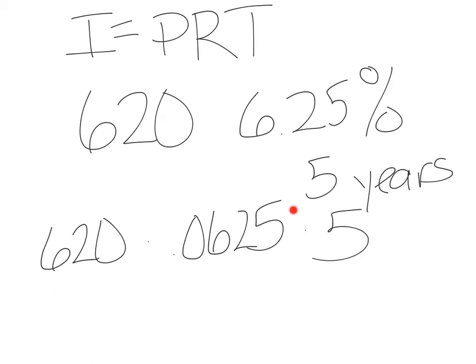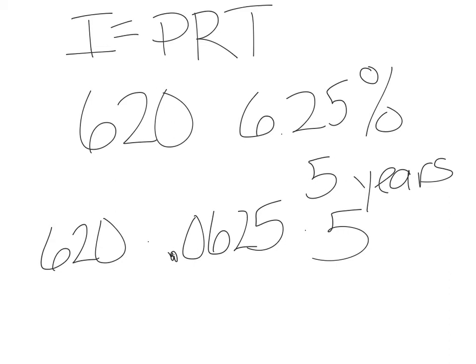So you have your principal, your rate, of course, changing that into a decimal instead of a percent. Move that decimal spot 2 places, 0.0625, and then the time, 5 years.